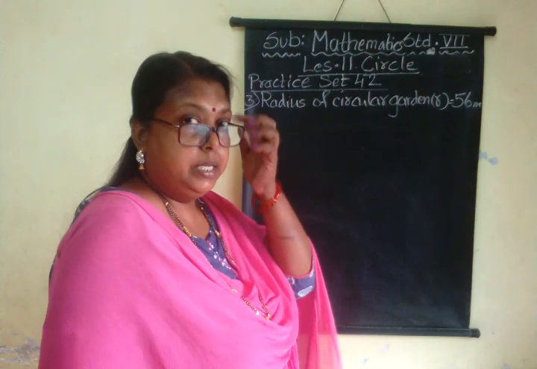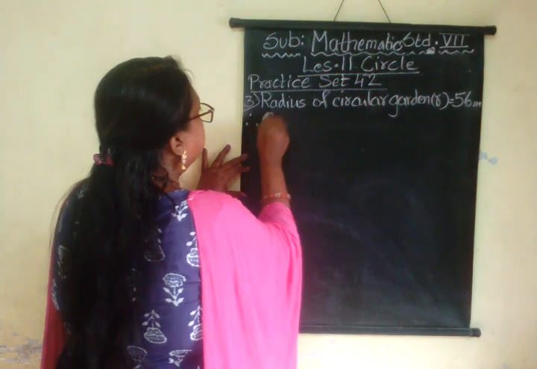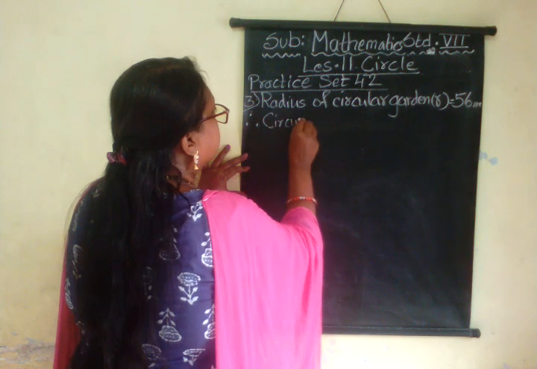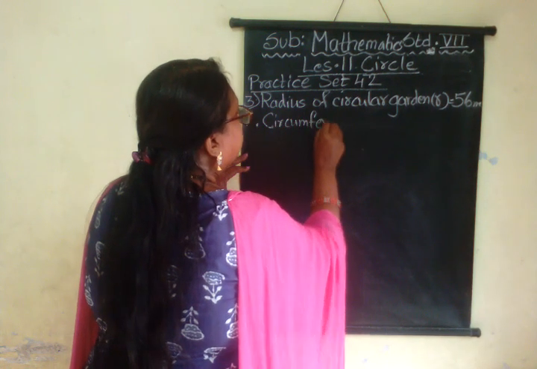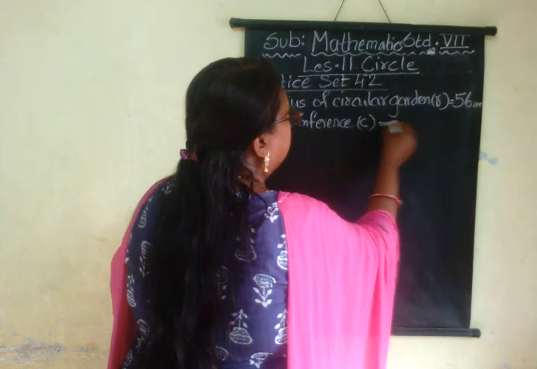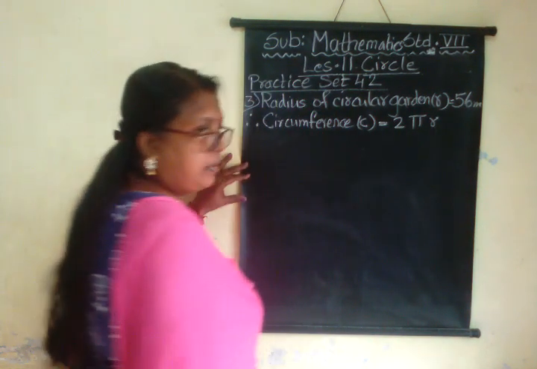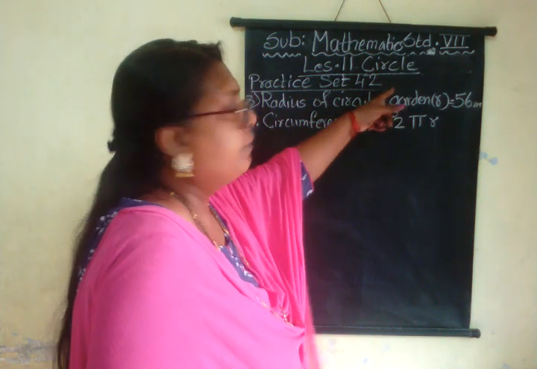Okay, from this radius we will find the circumference. So therefore circumference, small c is equal to 2 pi r. I have used 2 pi r because r is given to us.